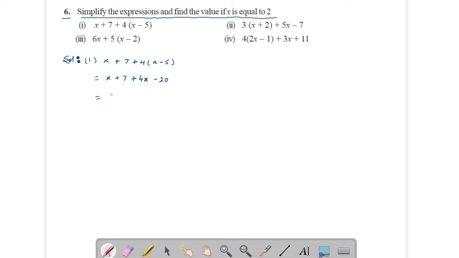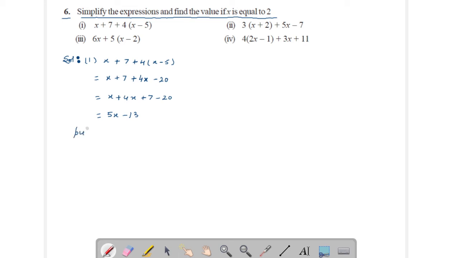Collect the like terms, x plus 4x plus 7 minus 20. Solve this. X plus 4x, it is 5x, minus 7 minus 20, it is 13. 5x minus 13.